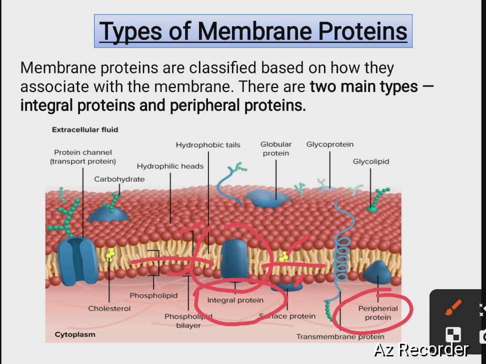Then coming to the peripheral proteins. Peripheral proteins, on the other hand, are loosely attached to the membrane surface. As in the picture you can see that they are loosely arranged and are often bound to integral proteins or to the lipid heads.